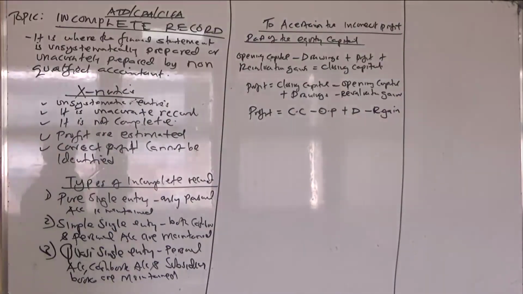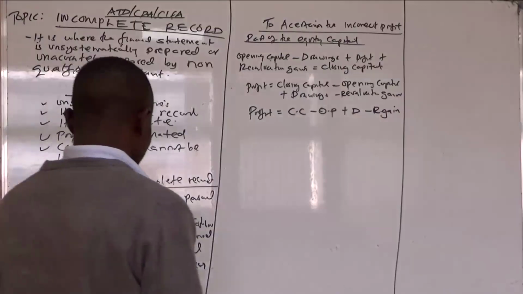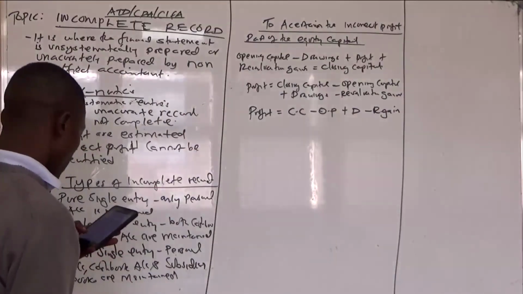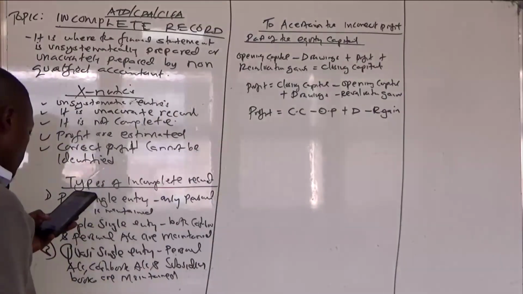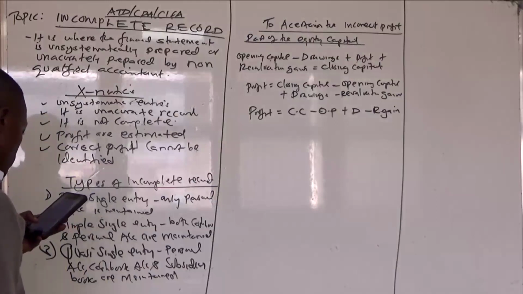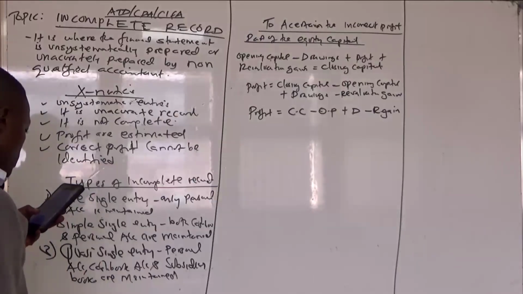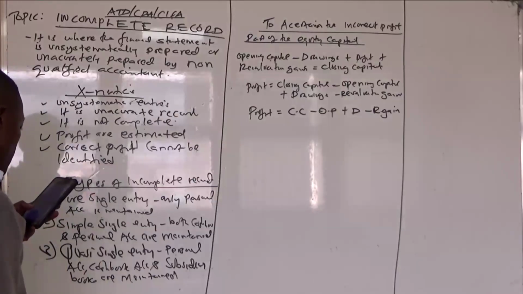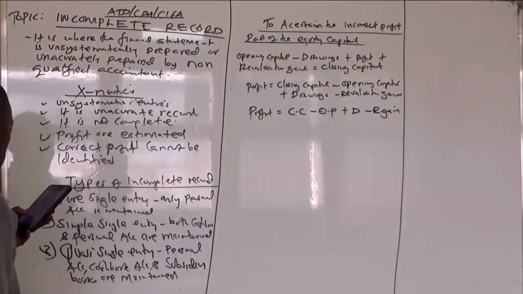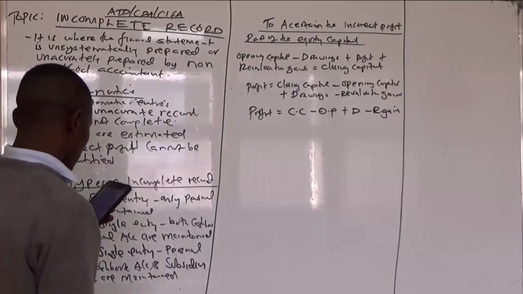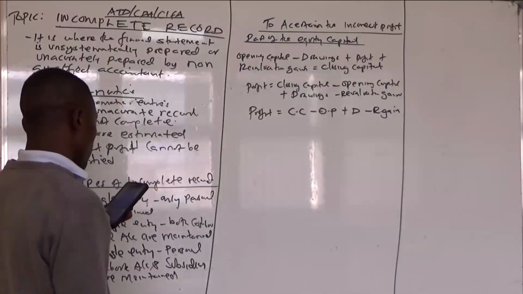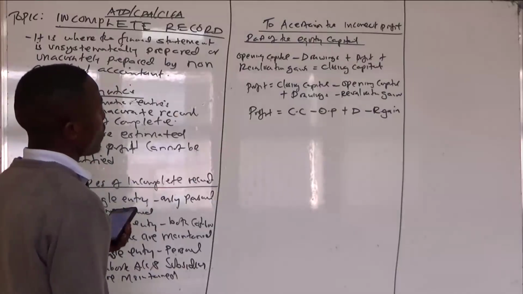Then when it comes to adjustment of other things that we normally know, when you want to adjust the cash books, or we can always be adjusting or controlling account.